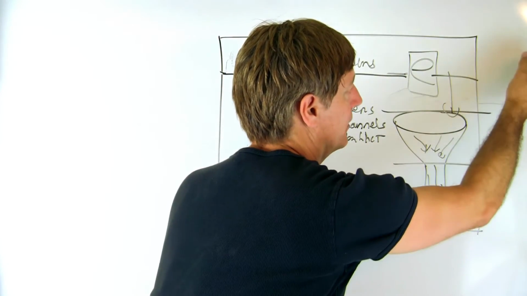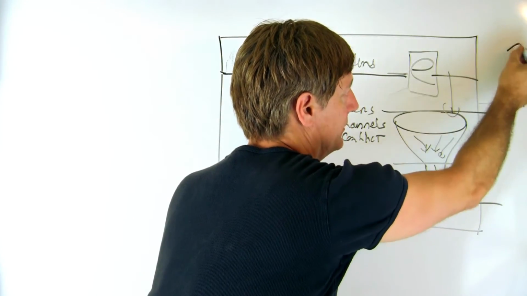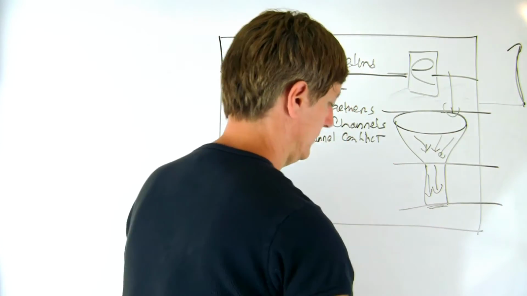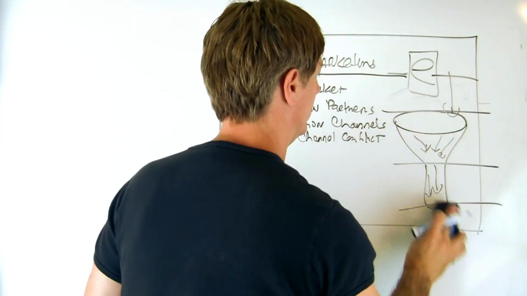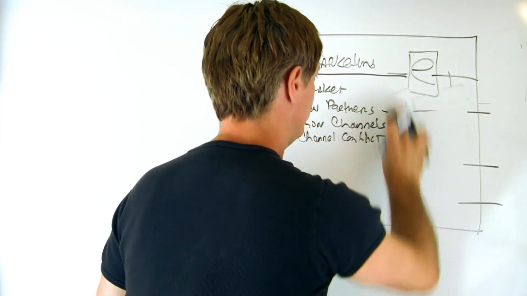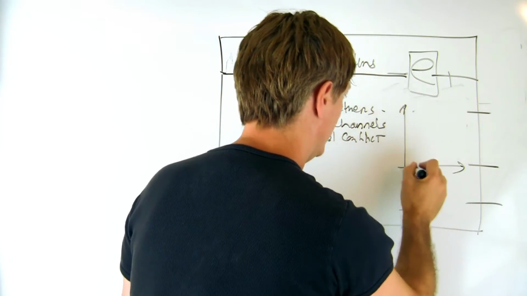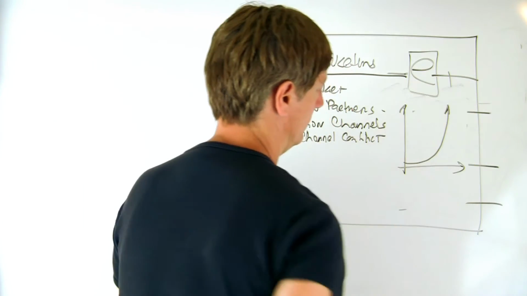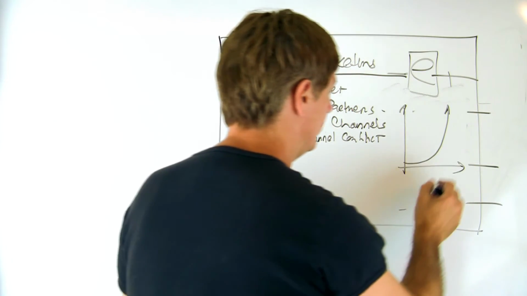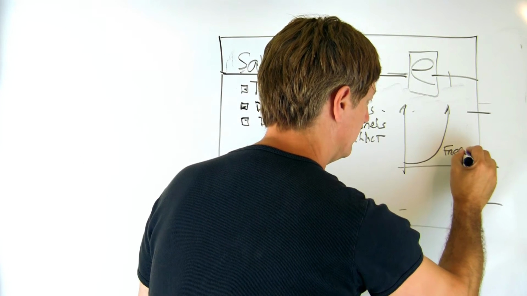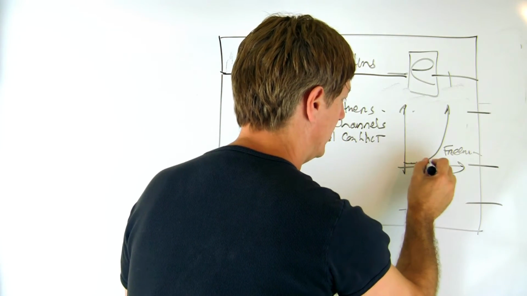You could have a curve, so it's a freemium curve. Actually, that's a very bad drawing right there. You could have a graph, and you're showing the growth of your freemium customers. So you're like right there.